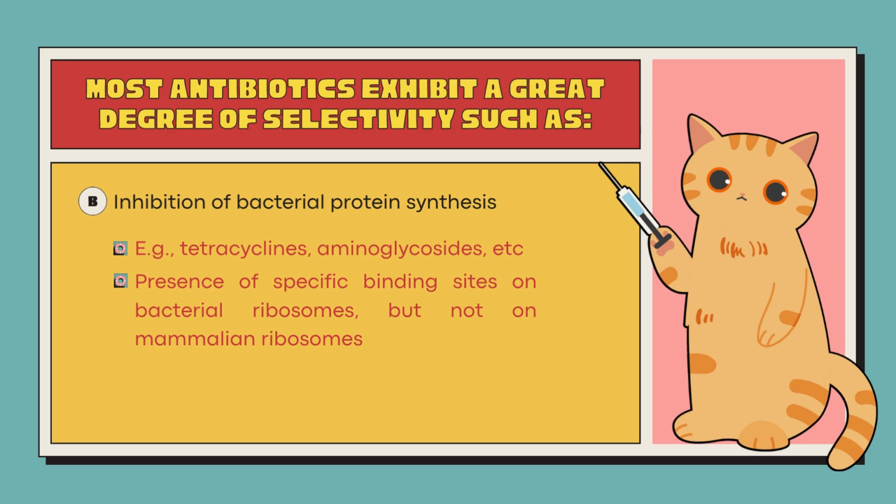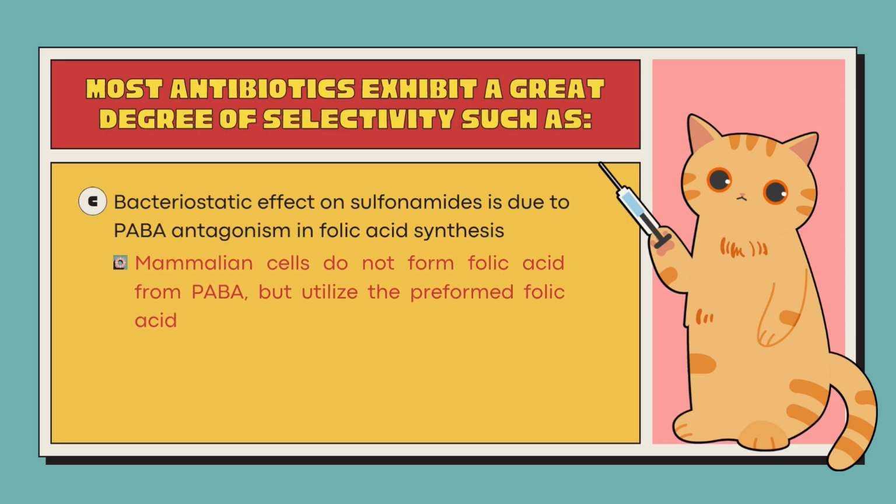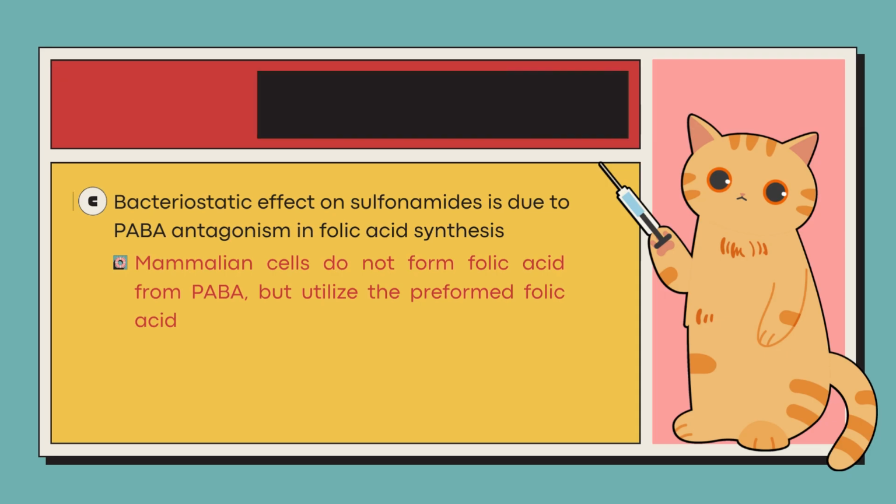Examples of such drugs are tetracyclines, aminoglycosides, and more. Meanwhile, in the bacteriostatic effect of sulfonamides due to PABA antagonism in folic acid synthesis, note that mammalian cells do not form folic acid from PABA, but utilize the preformed folic acid.